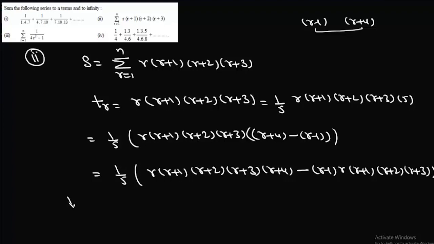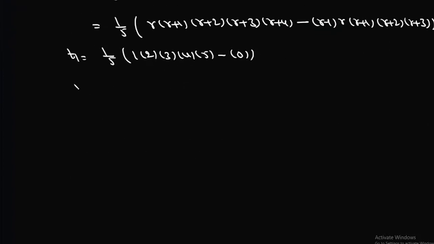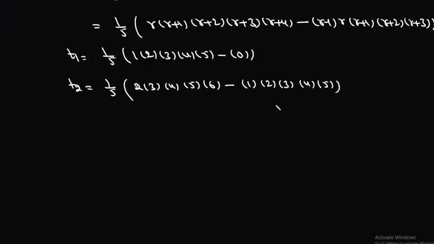Now we can write the first term as 1 by 5, and this is 1 into 2 into 3 into 4 into 5 minus 0. We can write its second term as 1 by 5, and this is 2 into 3 into 4 into 5 into 6 minus 1 into 2 into 3 into 4 into 5.